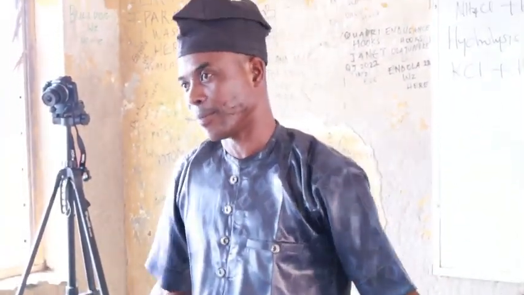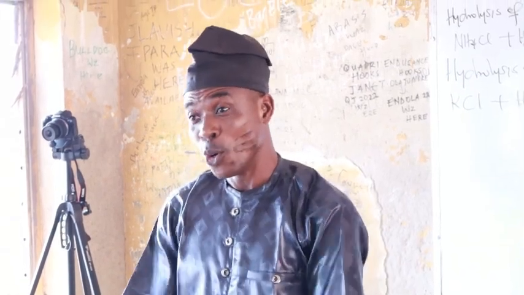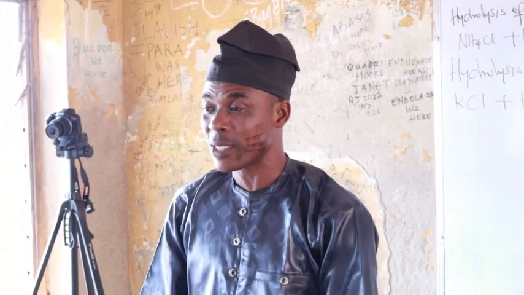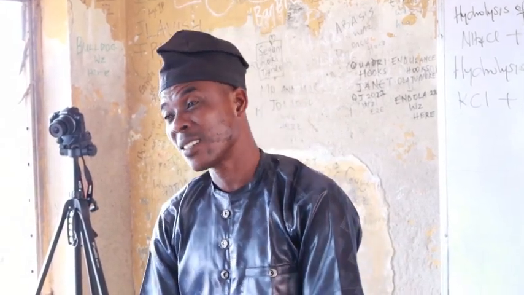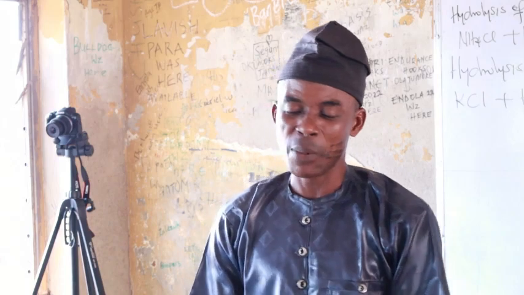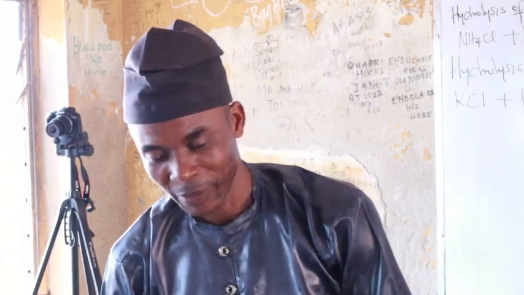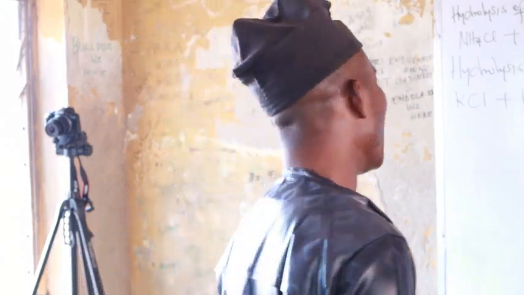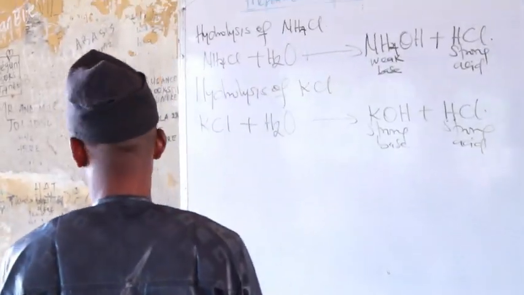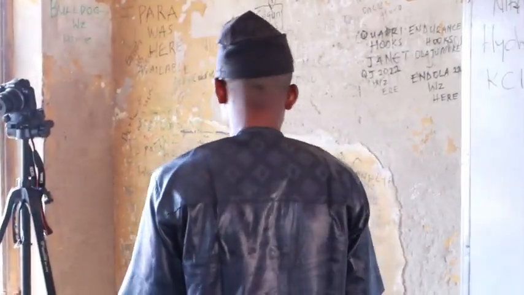Is that okay? Now you know what happens when a salt reacts with water, the solution could either be acidic, neutral or basic. That is good. Now let me give you a small class exercise.